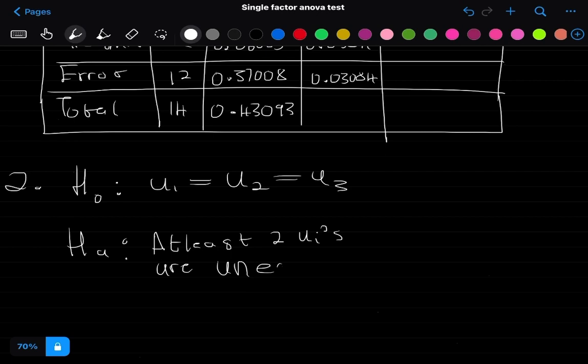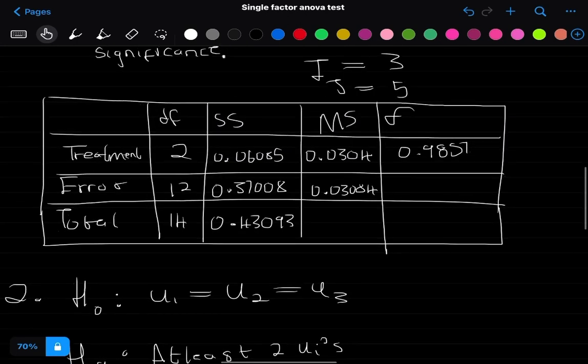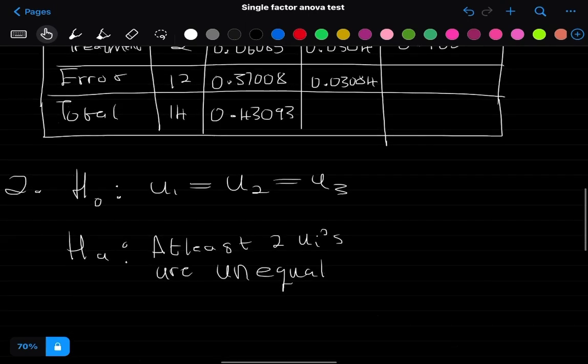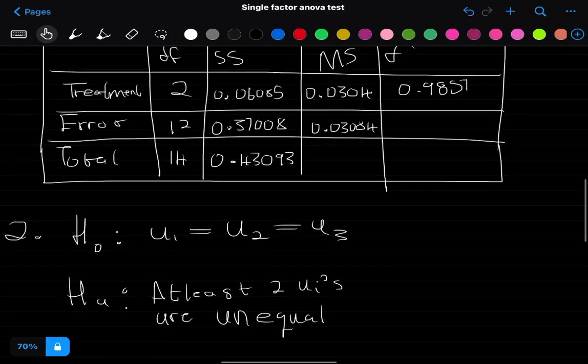Sorry. Note that there is no upper tail test, no lower tail test, or two-sided test here. Well, yes, we are dealing with one-sided test. Actually, we are dealing with upper tail test, sorry.